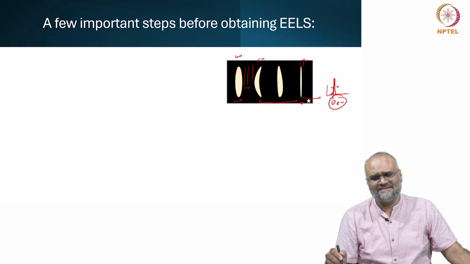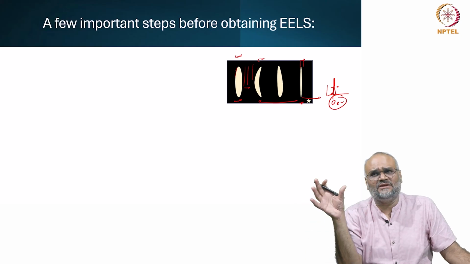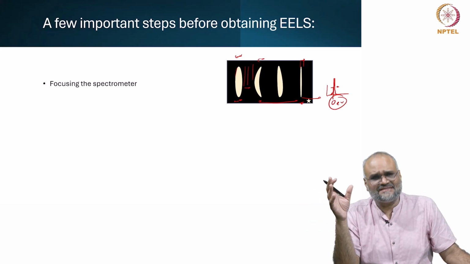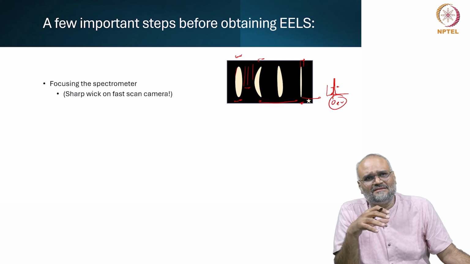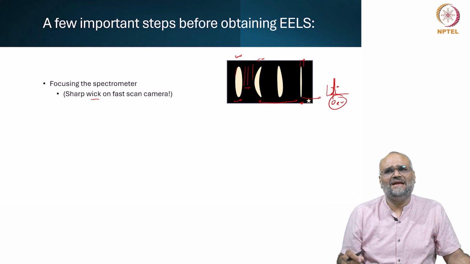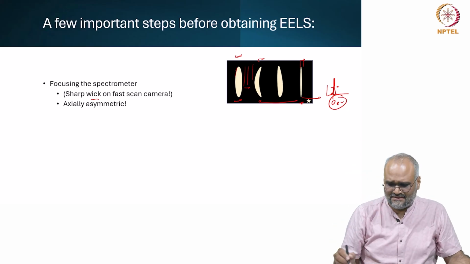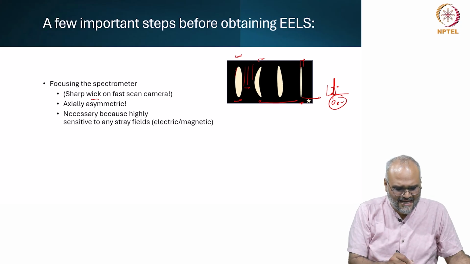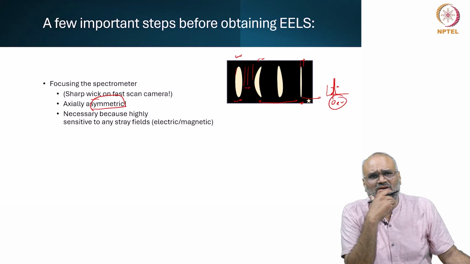So this is the first step that you need to do, no matter which way you're doing it, using which kind of filter. So the first step is, of course, focusing of this spectrometer. We were simply calling it like a sharp wick. You make it as narrow as possible, and initially it is actually asymmetric, so make it as symmetric as possible through the compensation coils.